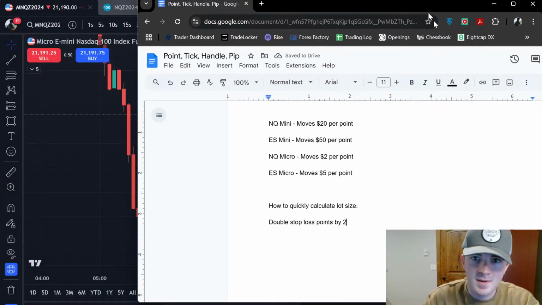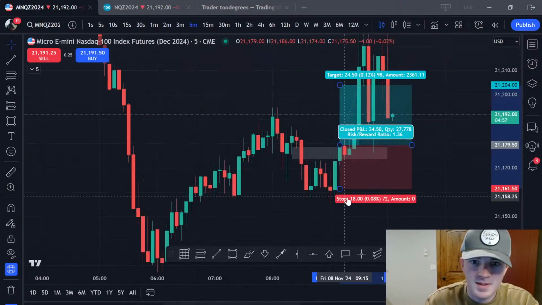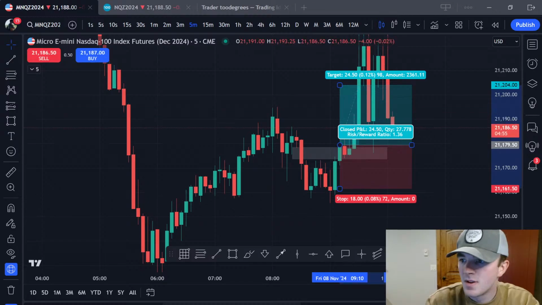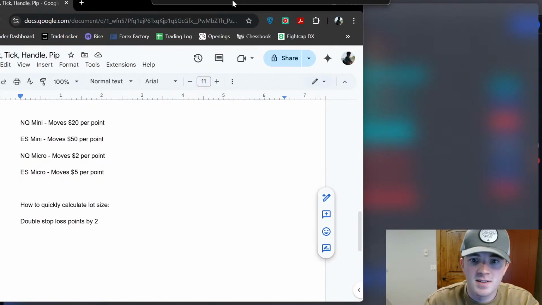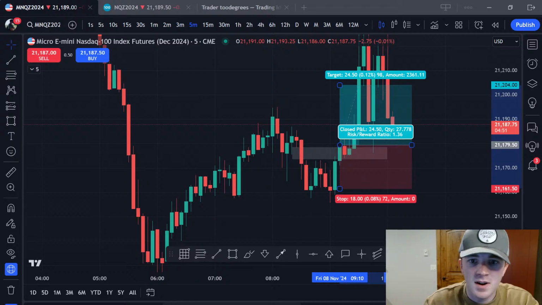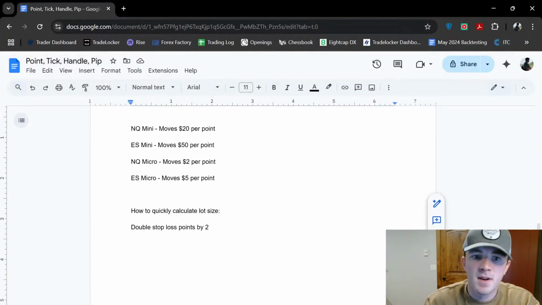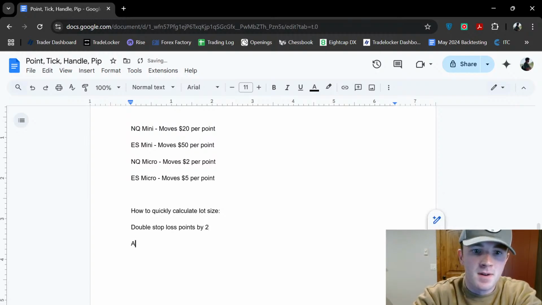So whatever the number is on the stop loss, double it by 2. And then the amount you are risking per trade divided by that.